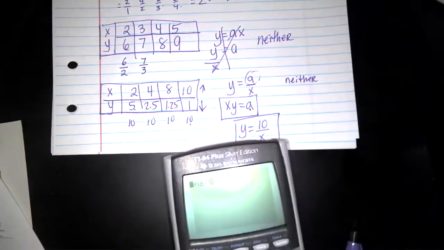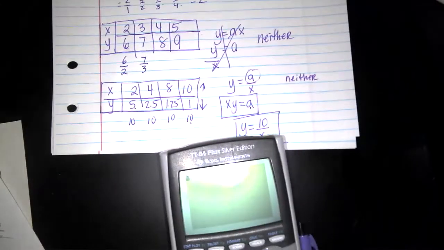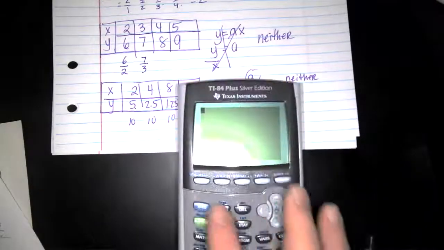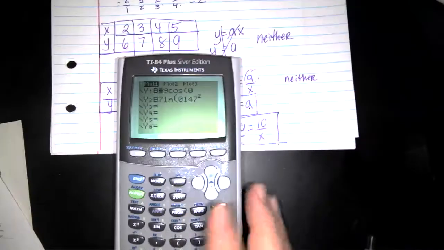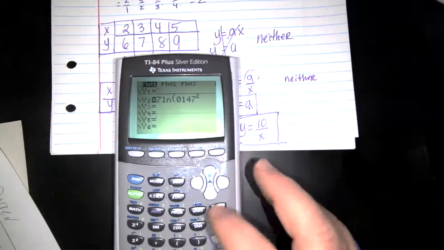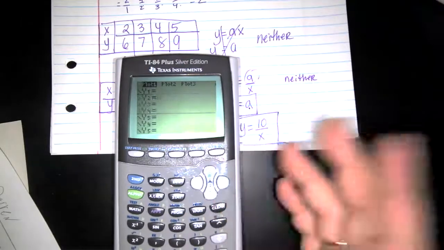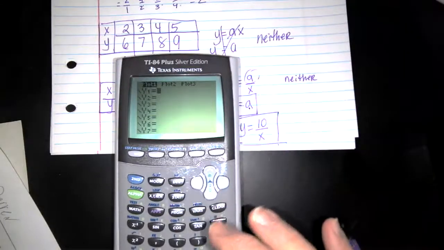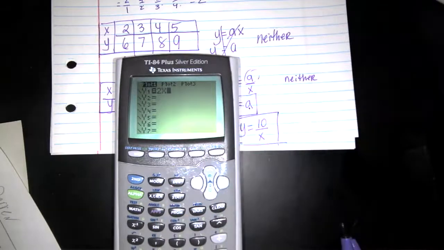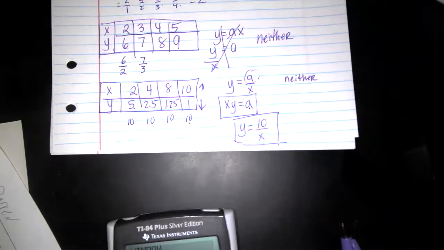Here's why. Direct variation. Let me show you on my calculator. We were y is equal to 2x, right? Let me make sure my window is all weird.